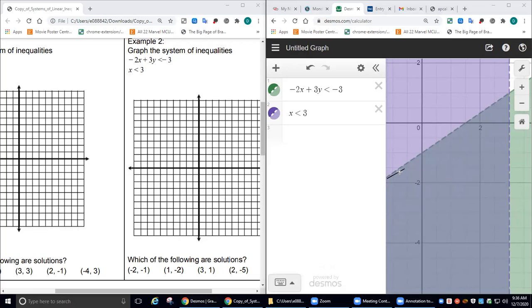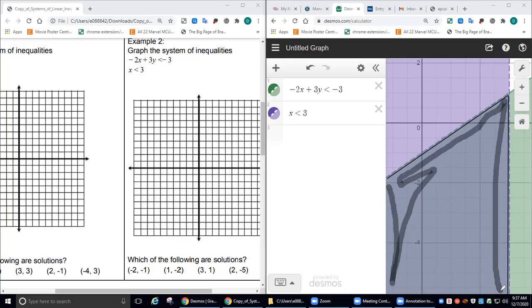I'm just drawing everything slightly right underneath the dashed lines. See that? I'm right next to the dashed line, but I'm not on top of it because I cannot include points on the dashed line. You gotta remember that. The dashed lines, I cannot include the points on it. I can only include the points in the shaded region. So my shaded area is all right here, all this shaded area within this border.